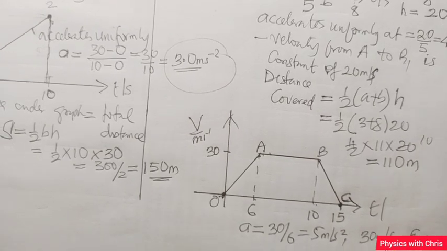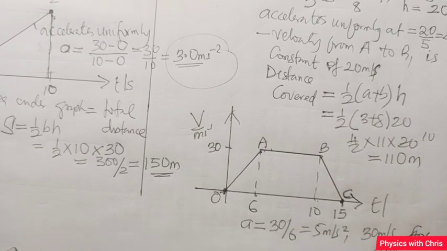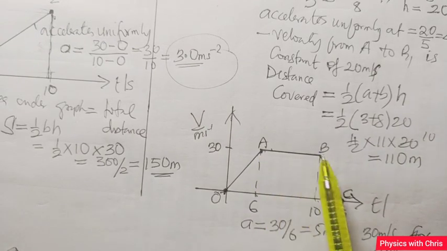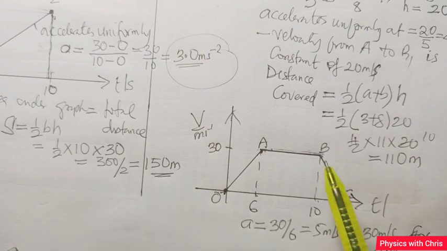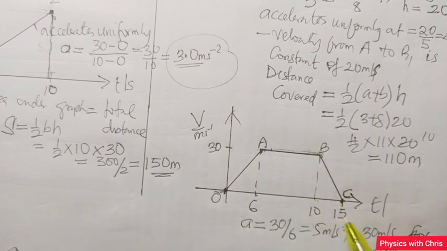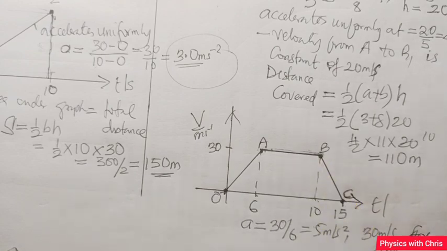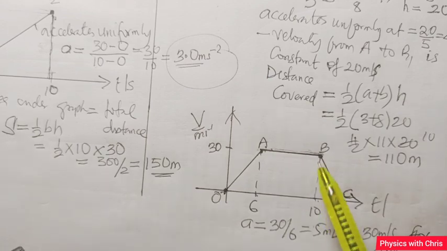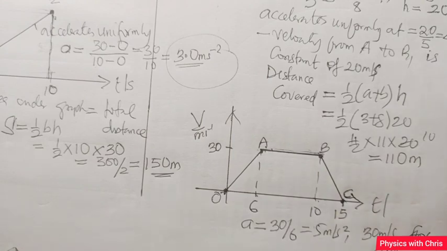Then from B to C, the speed of the body reduces steadily in 5 seconds, which means at point B the driver is close to his final destination and decides to apply the brakes, which will bring the body to rest with a constant deceleration. So the part of the graph BC is called constant deceleration.